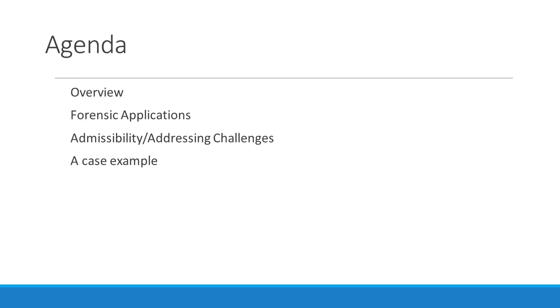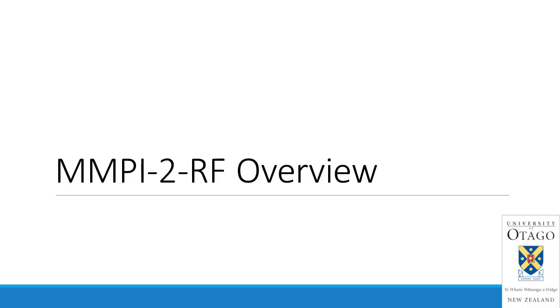Then we're going to spend the bulk of the time on various forensic applications of the test and also talk a bit about admissibility issues, especially addressing challenges that might be levied against MMPI-2-RF-based testimony. And we're going to end with a case example where the MMPI-2-RF was used in a forensic psychological evaluation.